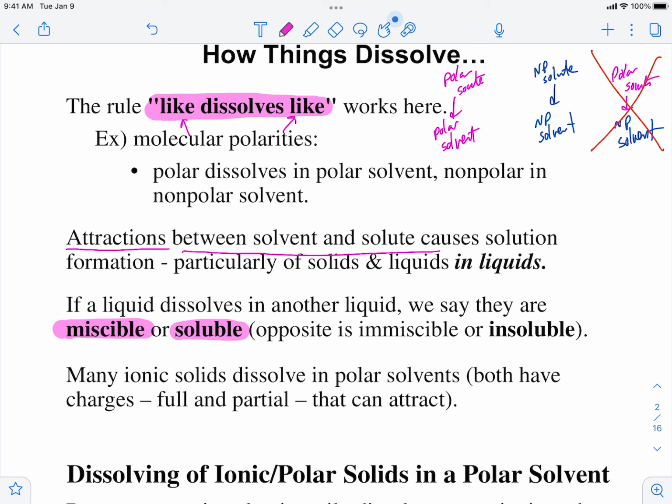But miscible is a better term. Miscible means the two liquids can mix. We just mentioned oil and vinegar. They do not mix. So oil and vinegar would be considered immiscible.